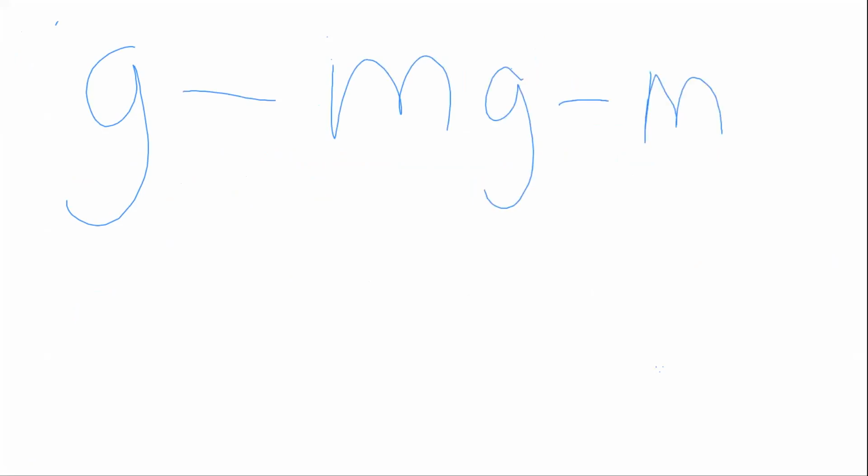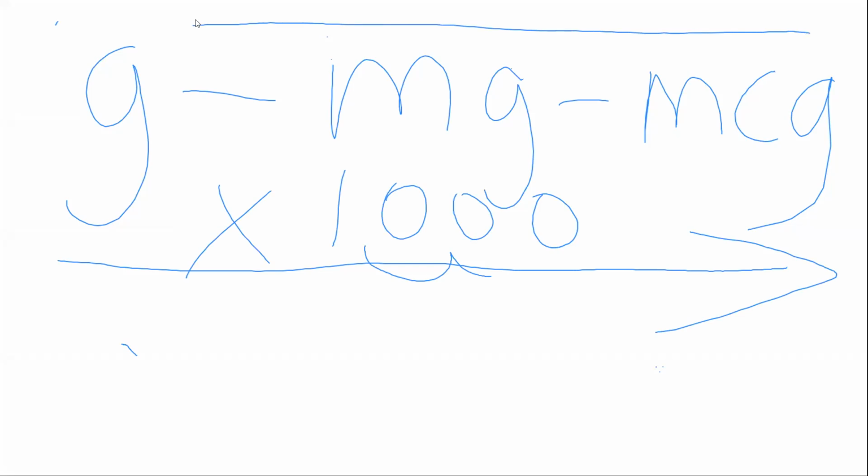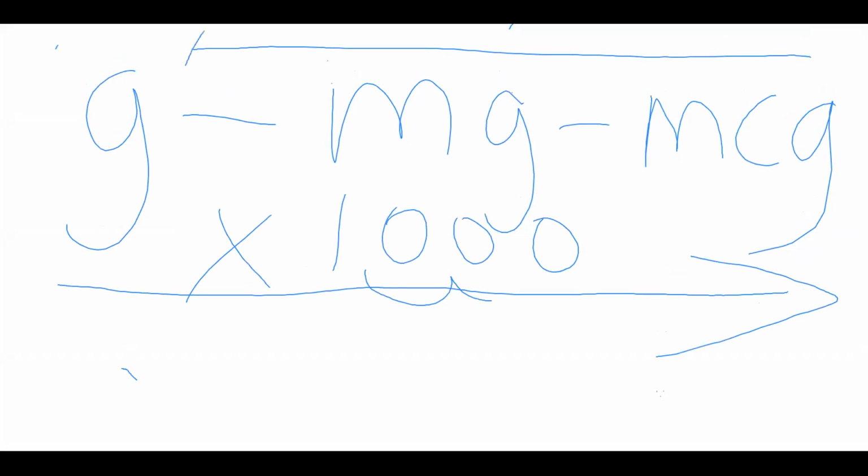So grams, milligrams, micrograms. Going this way to the right, we're always going to multiply, or move the decimal 3 places to the right. If we're going this way, then we're always going to divide, or move the decimal to the left.